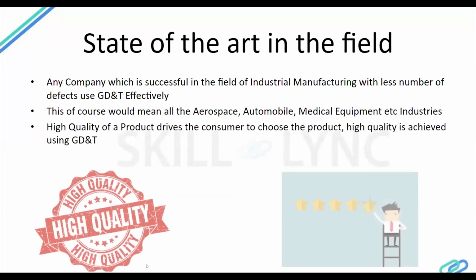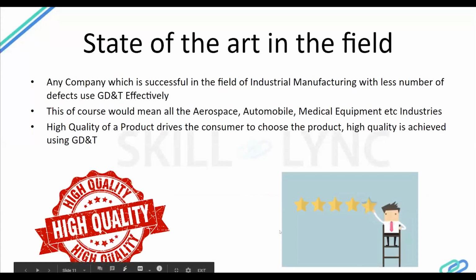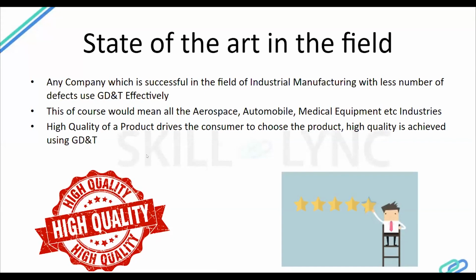And of course, all the companies nowadays are using GD&T, and they lay a high emphasis and importance on it. As I said, in aerospace, in medical, in automobile, and all the industries, there is GD&T. If a company is delivering a lot of successful, high quality products over a period of time, they follow these processes and manufacturing practices and GD&T with very high precision.